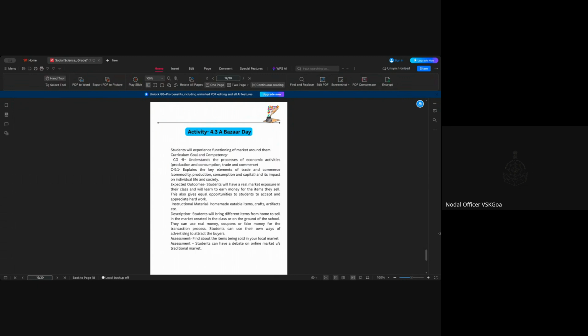The next activity is a bazaar day, and students will experience the functioning of the market around them. Here, the child understands the process of economic activity like production and consumption, trade and commerce. So it explains the key elements of trade and commerce, commodity production, consumption, and capital, and its impact on individual life and society.